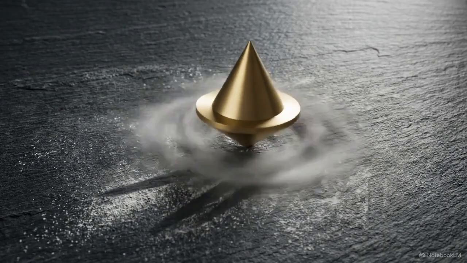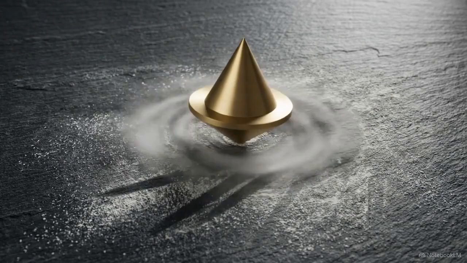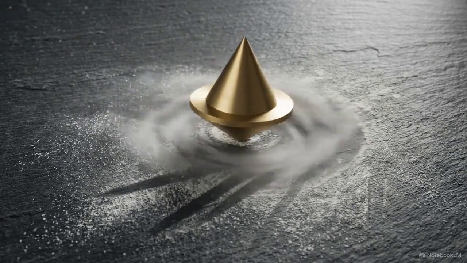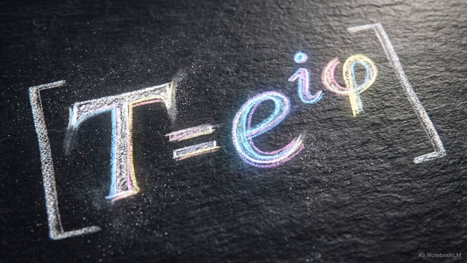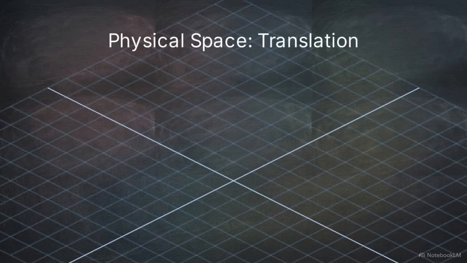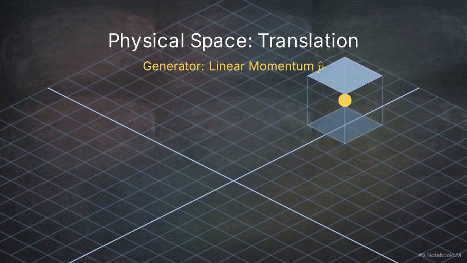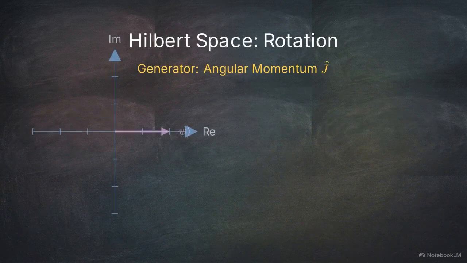If intrinsic spin does not describe a mass physically turning in space, why does physics retain the term angular momentum? The answer lies in the quantum mechanical concept of a generator. Just as the linear momentum operator acts as the mathematical generator for translating a state across physical distance, the angular momentum operator generates rotations.